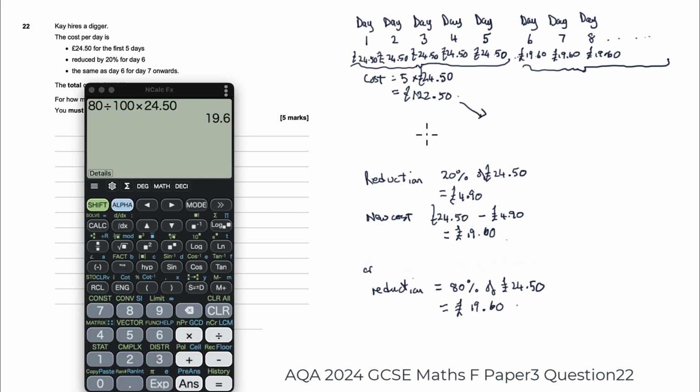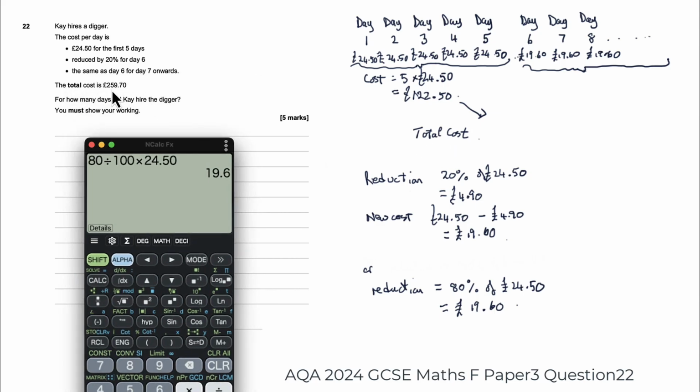Now, what we do know is that they've told us the total cost of hiring this digger, and it's £259.70. So that consists of the £122.50 for the first 5 days, and then the charge for the rest of the days at £19.60.